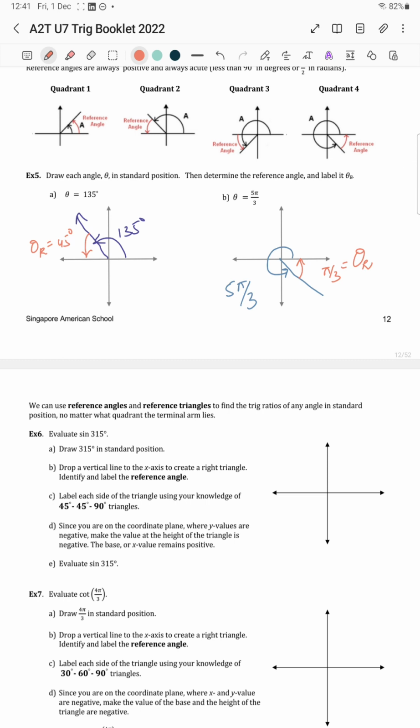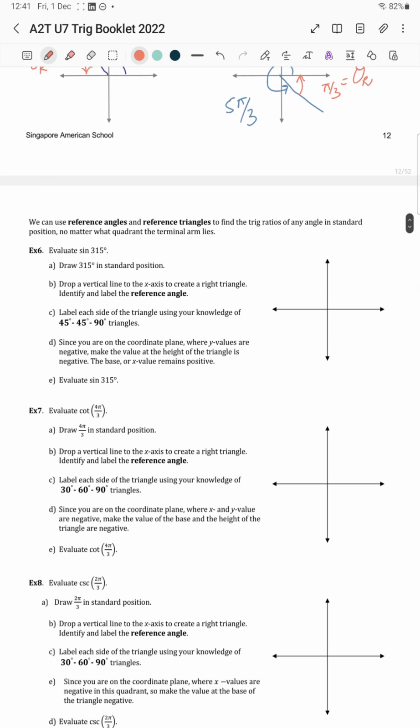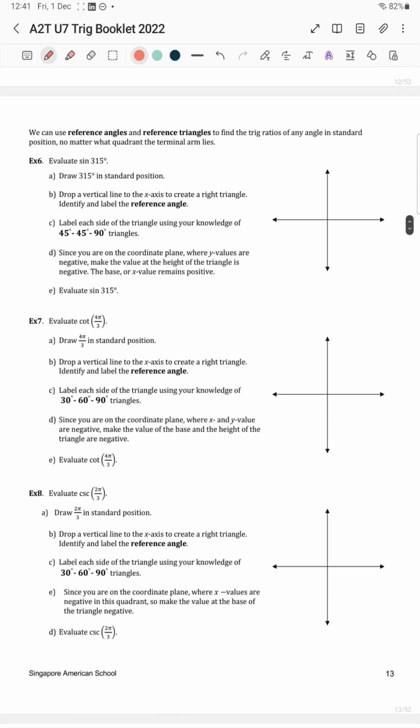We can use reference angles and reference triangles to find the trigonometric ratios of an angle in standard position, no matter what quadrant the terminal arm lies in. Evaluate 315 degrees.